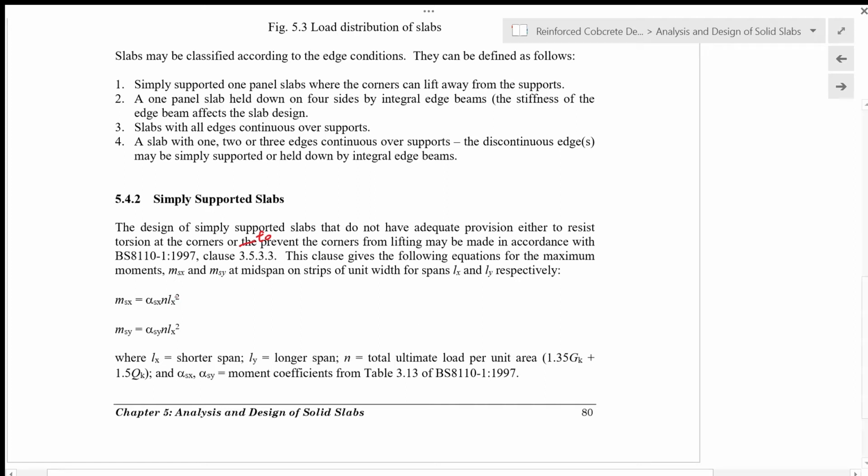So MSX is the moment in the LX direction. In this case, we have alpha SX times the ultimate design load times LX squared. And then MSY in the LY direction is alpha SY times the ultimate design load times LX squared.